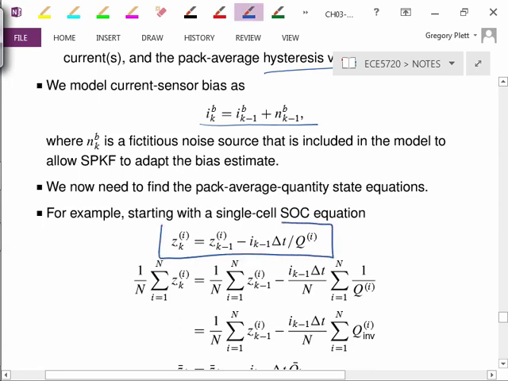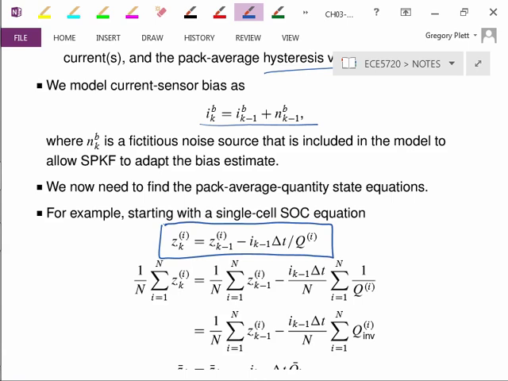This is for a single cell, the state of charge equation. So the state of charge for cell i at time k is the previous state of charge of that cell minus the pack current times delta T divided by the capacity of that particular cell, of cell i.